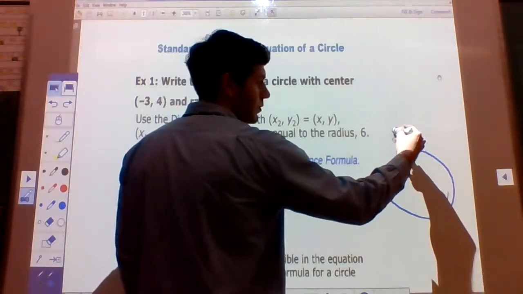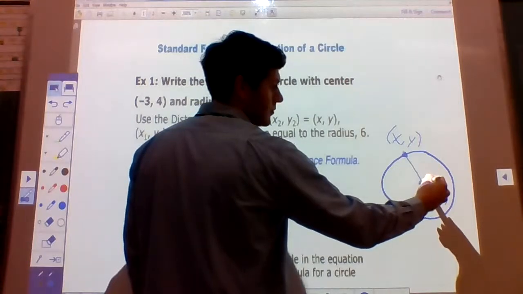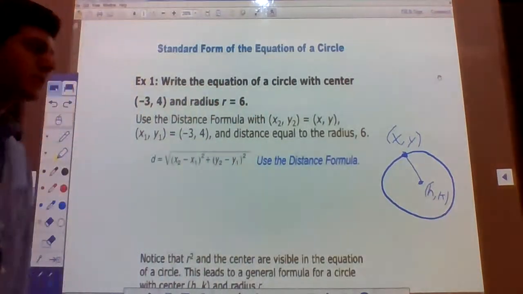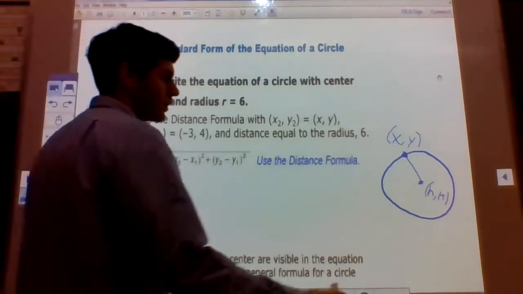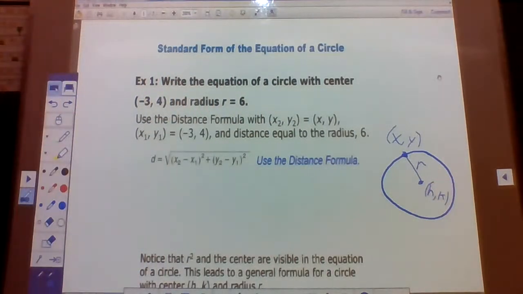It doesn't matter where, any point on the circle. The distance from the center to any point on the circle is the radius, so that's going to be r. And if we wanted to find the value of r, we would use the distance formula.